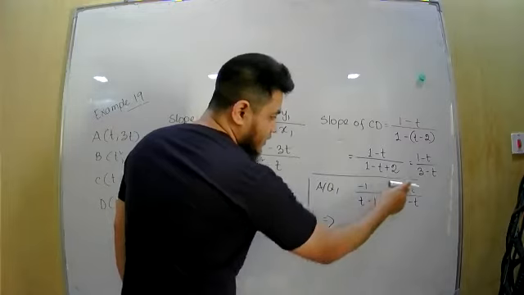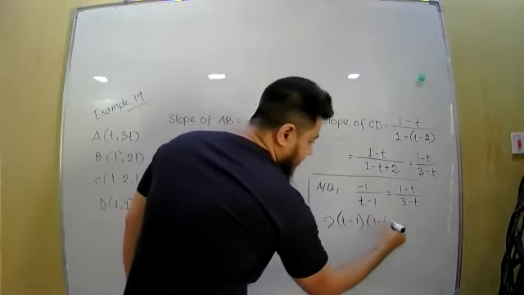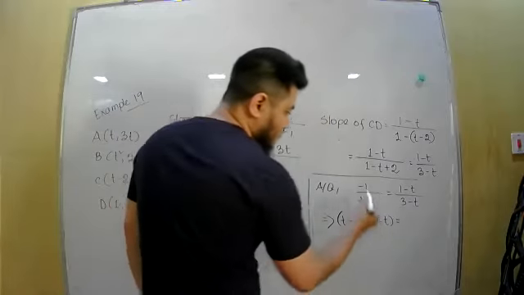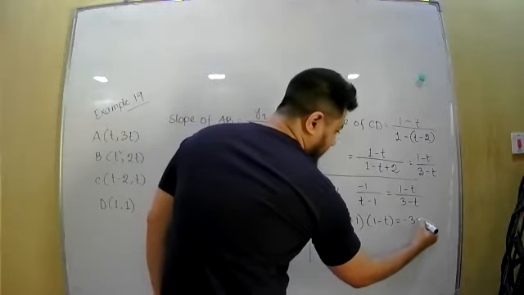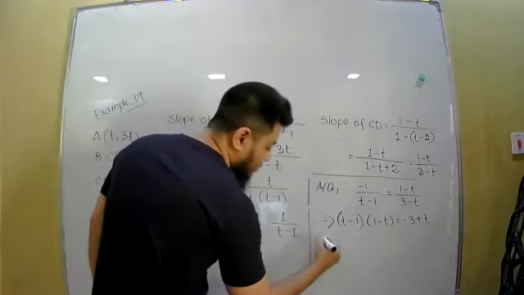So t minus 1 into 1 minus t is equal to minus 1 multiplied by minus 3 plus t. Since you are multiplying by minus 1, the sign will change.